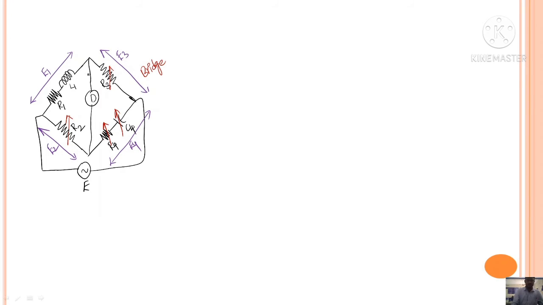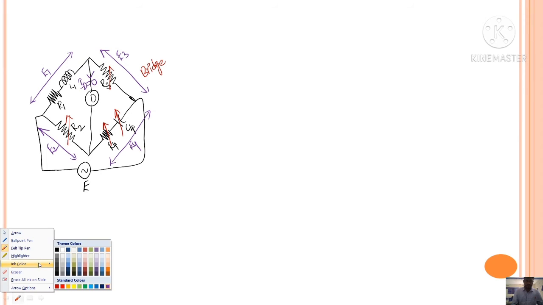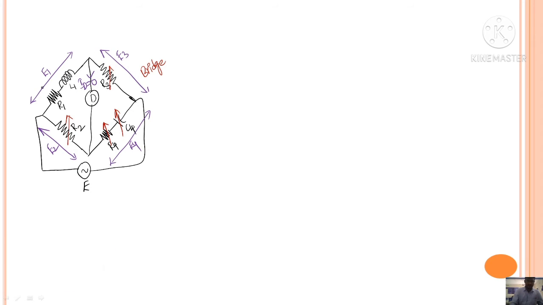So what we will do? We will draw the phasor diagram under balanced condition, which means that the current through the detector is 0. When the current through the detector is 0, you will have two currents. One is this current, I1, and another one is this current. And what is this current? This current is I2.